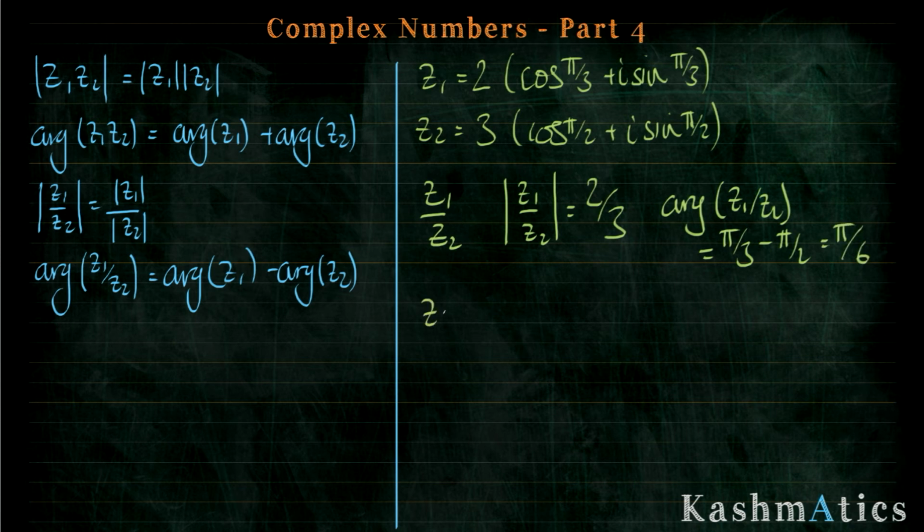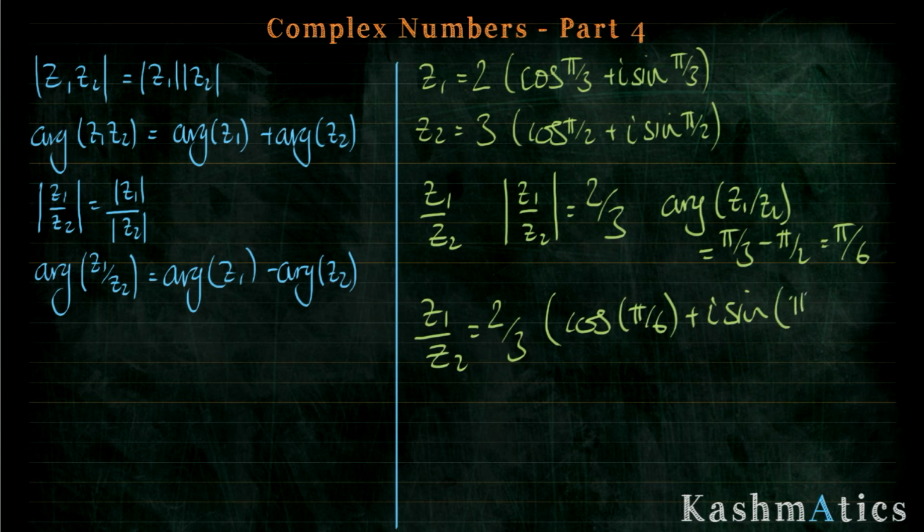So z1 over z2 would equal the modulus, which is 2/3, then cos pi over 6 plus i sine pi over 6.